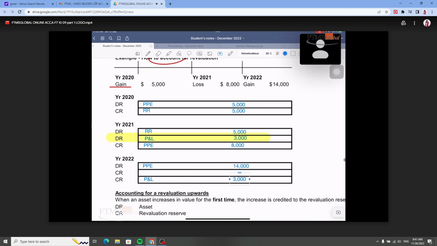Then of course, the remaining figure of 11,000 will go to your revaluation reserve. So in short, this is the accounting treatment for revaluation.